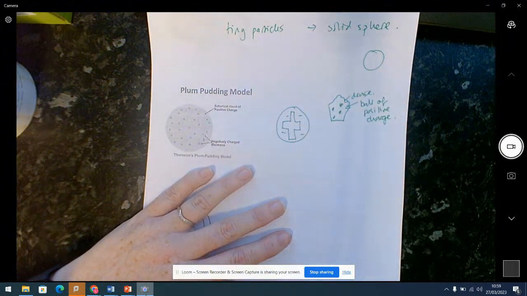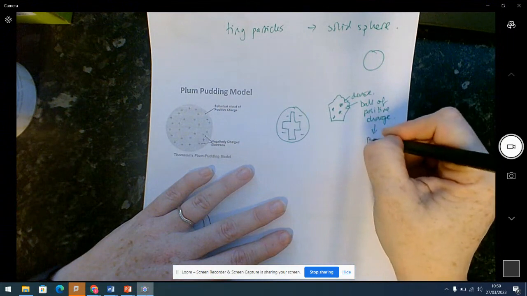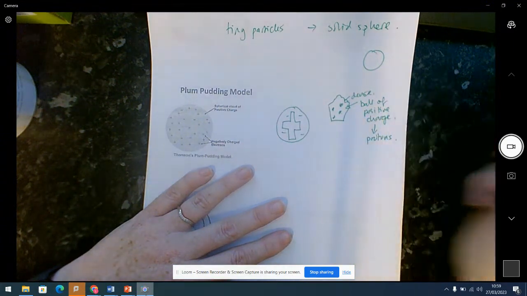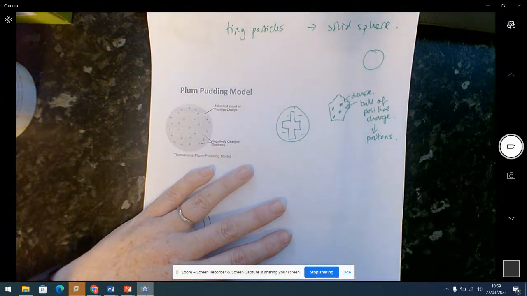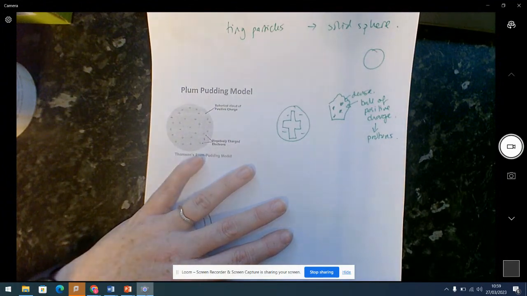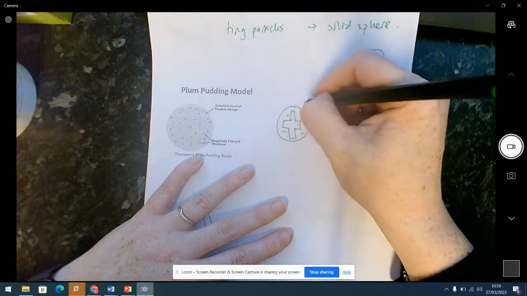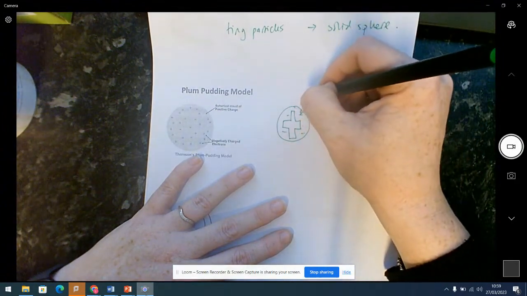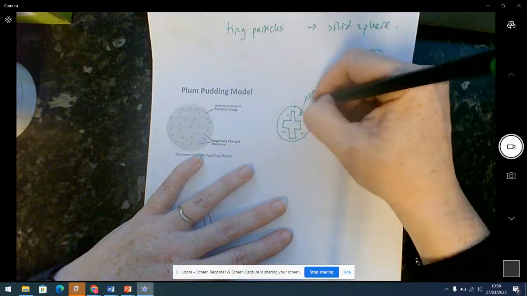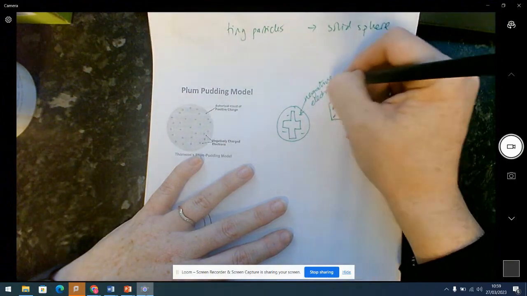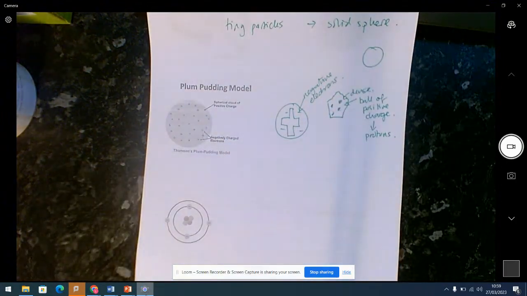We know that that is in fact protons, which is what we know as the positive part of the atom. Then stuck into that ball of positive charge, we have our negative charges, which are our electrons. At the time, we knew about those, so just be aware.